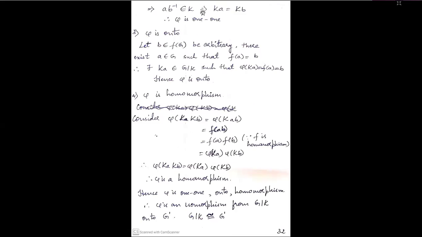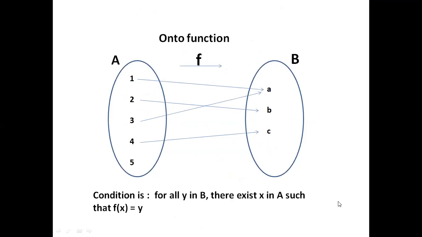Now let us look at what an onto function is. Say you have a function f from A to B. If every element of B has a pre-image, then that kind of function is called an onto function.